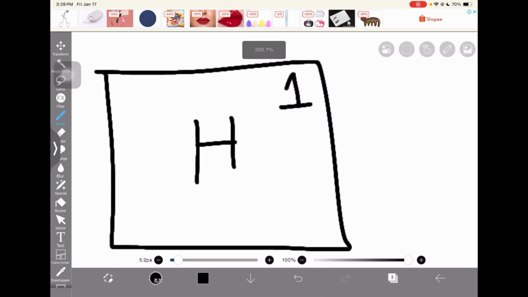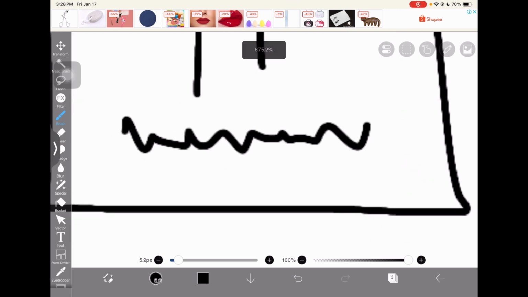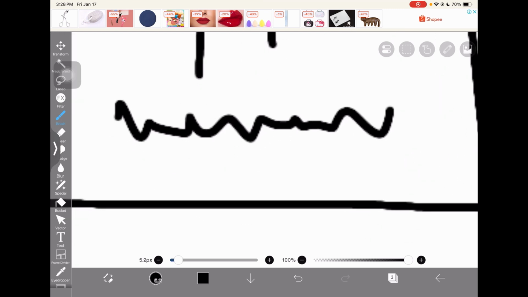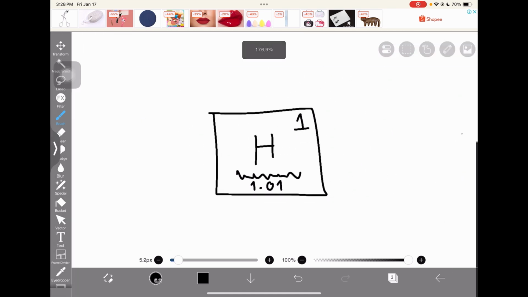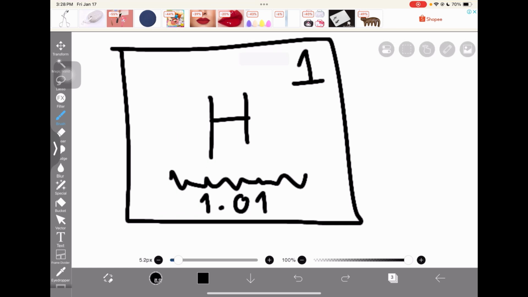Then 1 would be your atomic number. This would be the atomic name. And the number below shows its atomic mass, which is rounded off. So this is just an example of hydrogen. So we have the symbol, the name, the atomic mass, and the atomic number.